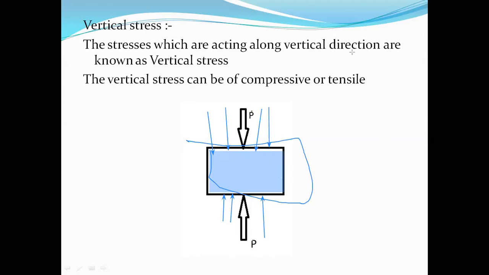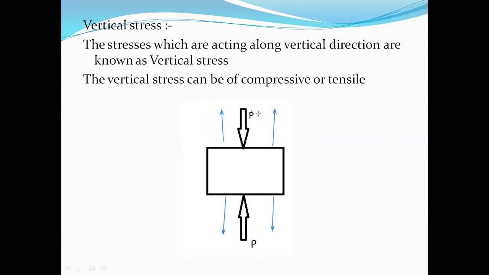Otherwise, if the stresses are acting something like this, away from the block, these stresses are called tensile. So if the arrows are directed towards the inside, it is of compressive nature, or it could be of tensile nature. That's what exactly it is.